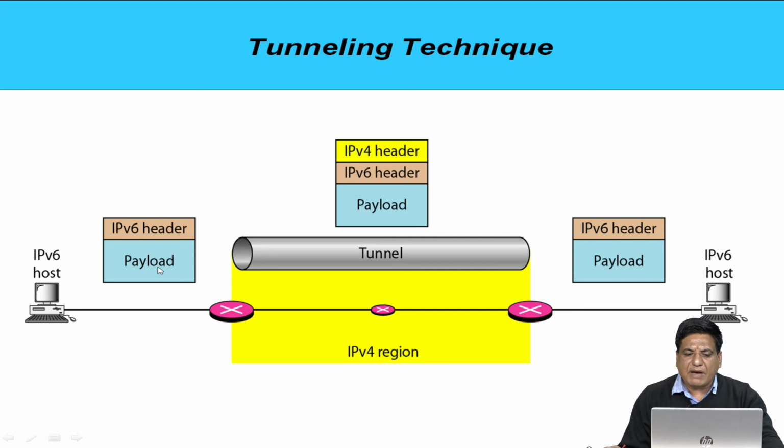So we have the IPv4 header, IPv6 header and the payload. And the last router of the IPv4 region will perform the decapsulation. Decapsulation means it will remove the IPv4 header, and the data payload plus the IPv6 header will be transmitted from the last router to the host that is also using IPv6 addressing.